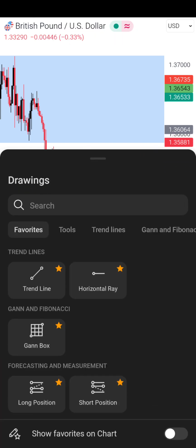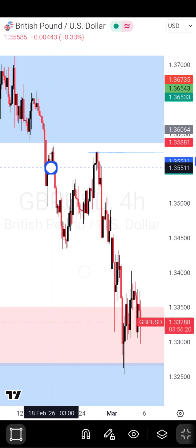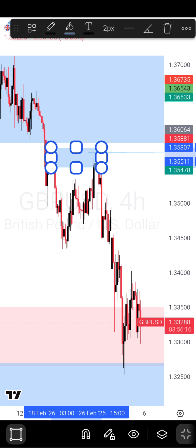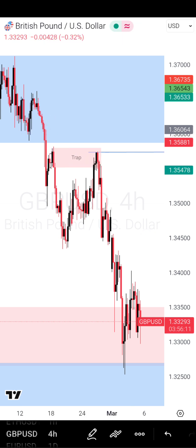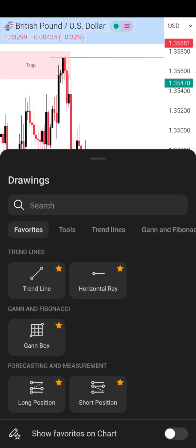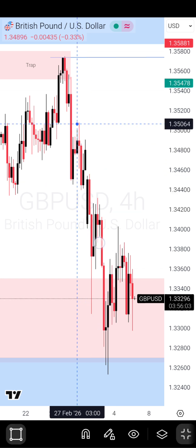That place is serving as a double top, which is a trap. This is a trap, so it will actually drop price. So that's the first trap I can see. I can also sell these smaller ones. The reason for the trap is for me to know where this market is going to buy to.